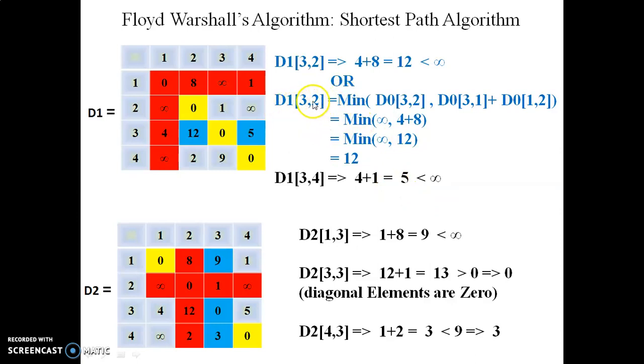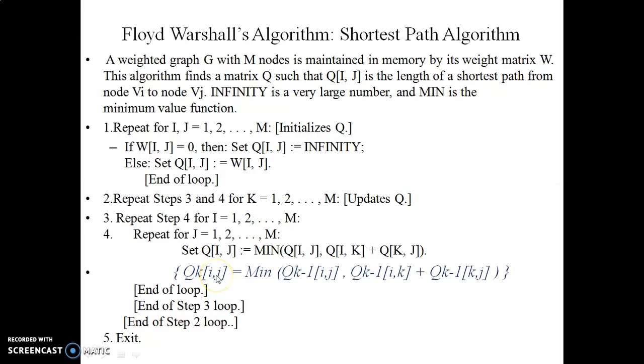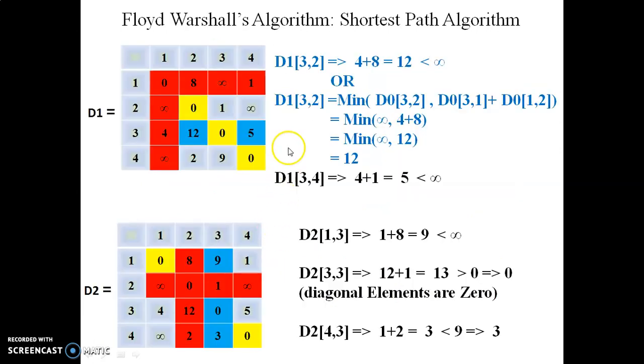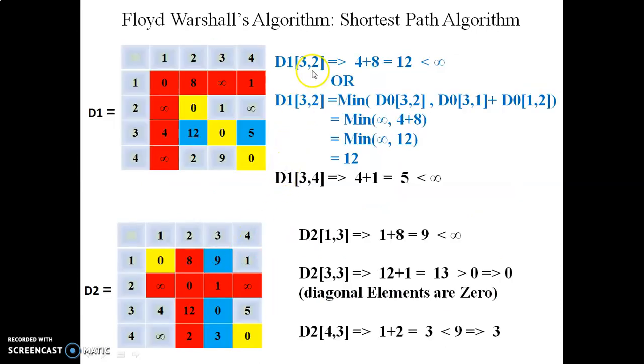So 3 and 2 are nothing but the i and j values, and this 1 suffix represents k. So we are finding Q of 1 of 3, 2. Of course, here the notation is different. Here we have taken D, and in this algorithm it is taken as Q.